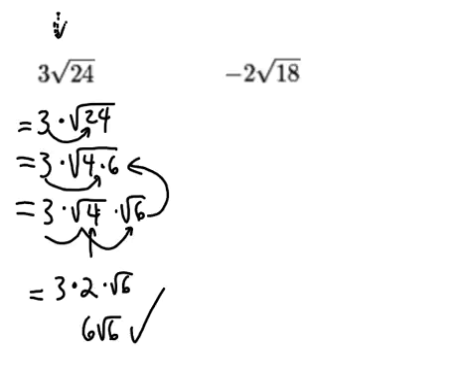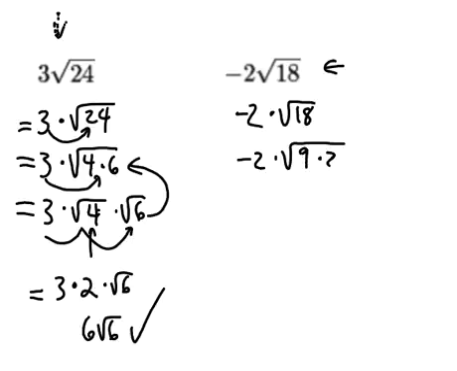Okay, let's look at this question right here. I'm going to follow the same sort of procedure. Negative 2 times the square root of 18. Now I'm going to pull apart, or factor, my 18. I know that 18 can be equal to 9 times 2.